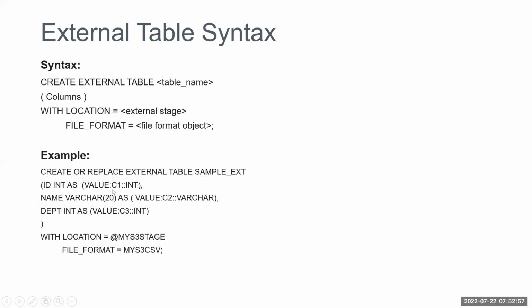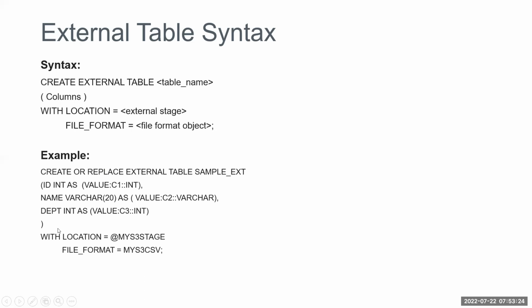In the stage I have multiple columns, so we represent them as c1, c2, c3 like that. This is column 1: bring column 1 from this file and store it into the id field. Like that, from this file bring c2 and assign it to the name field. From this file, bring column 3 and assign it to the department name.